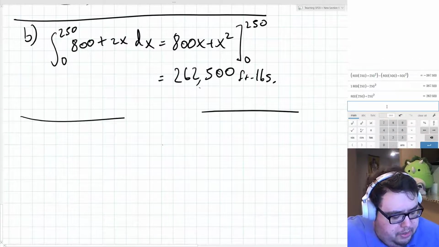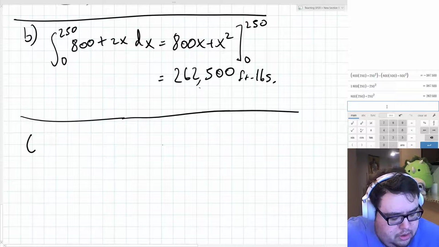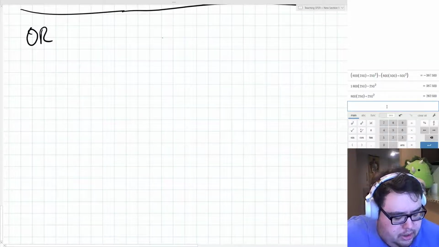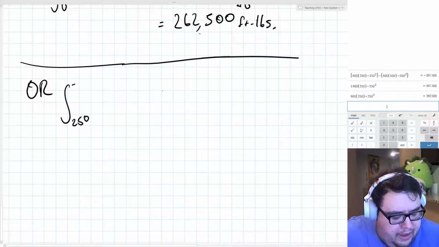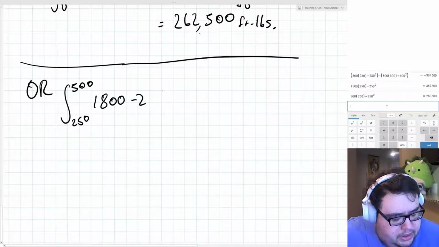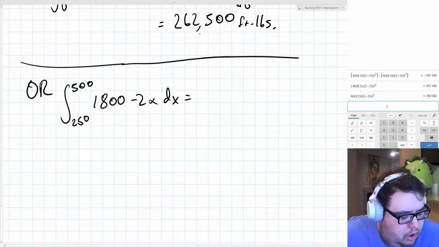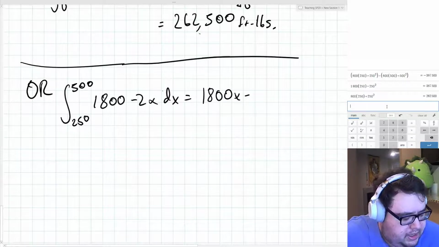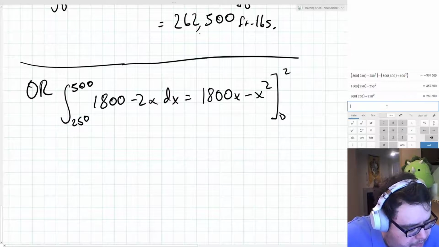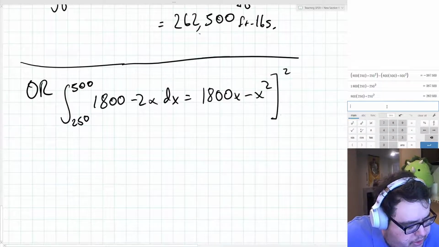With the other parameterization, that'll be the integral from 250 to 500 of 1800 minus 2x dx, or 1800x minus x squared from 250 to 500.